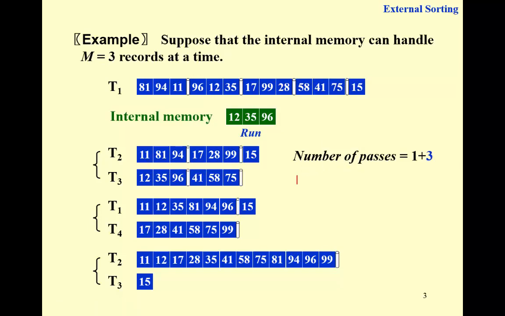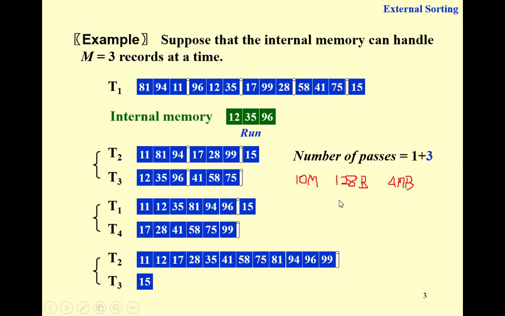Say we have 10 million records of 128 bytes each. And the size of the internal memory is 4 megabytes. Then how many passes do we have to do? To answer this, we have to calculate the number of runs first, right? It will be altogether 128 times 10 megabytes over 4 megabytes.